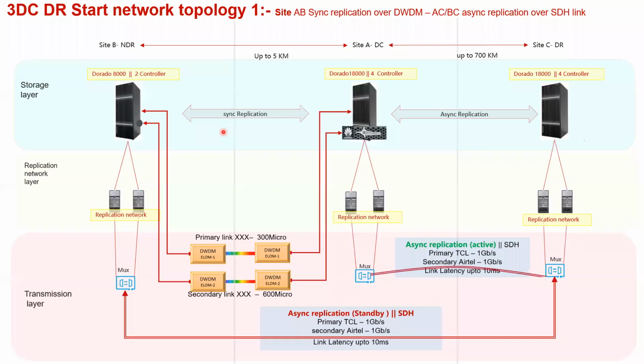In the previous slide, you can see that our storage is directly communicating to the link provider, who is the service provider, and we can directly terminate our SFP depending upon the DWDM provider. They can accept 16 gig or 8 gig or even 32 gig interfaces.